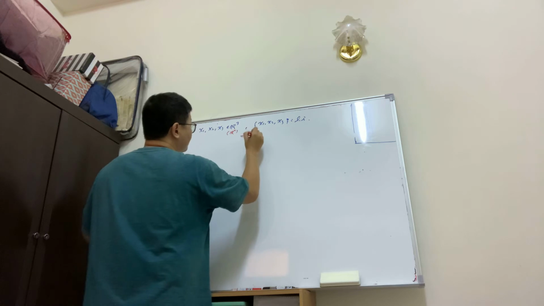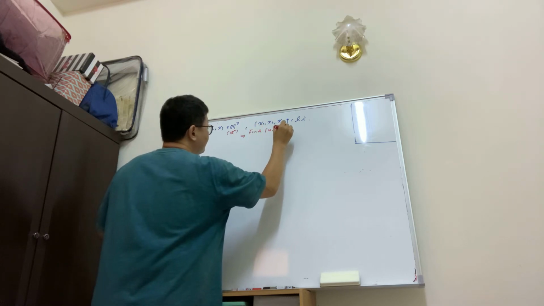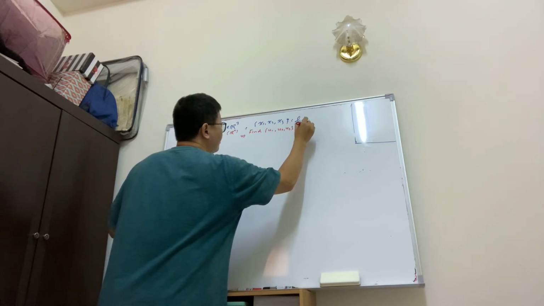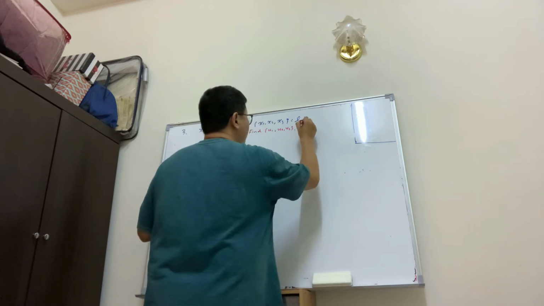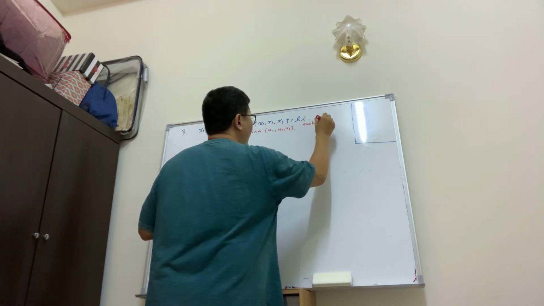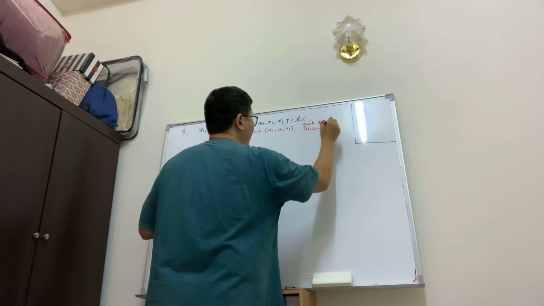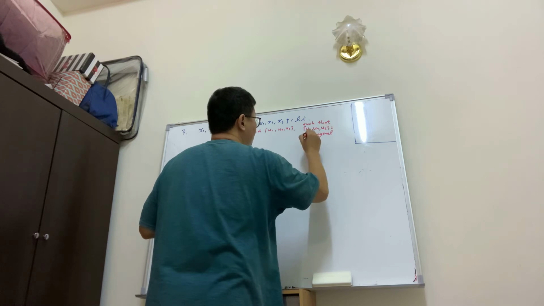We want to find U1, U2, U3 such that they are orthonormal.